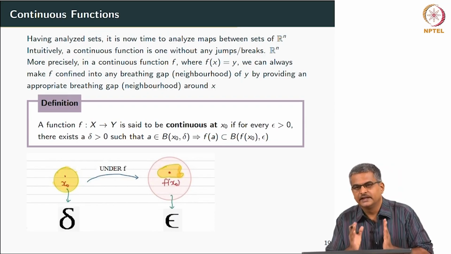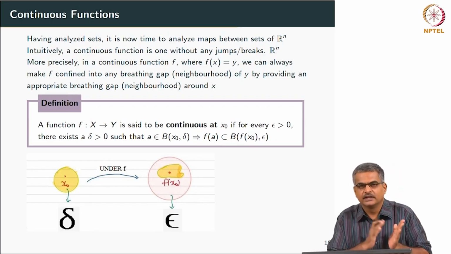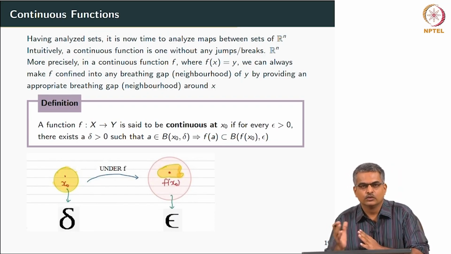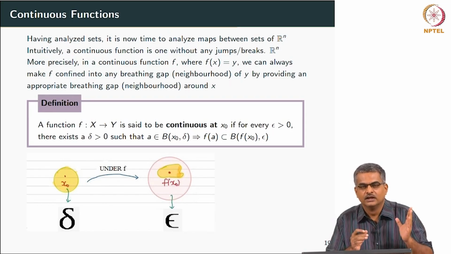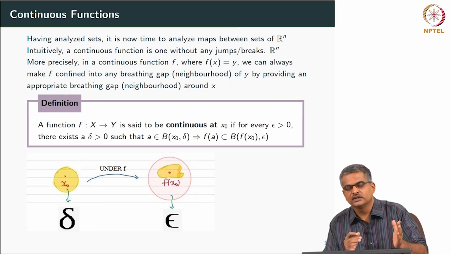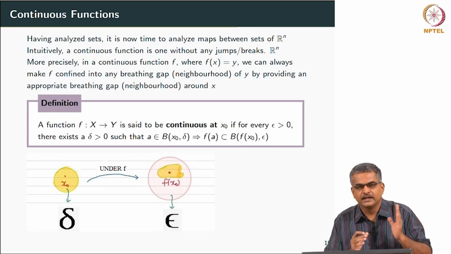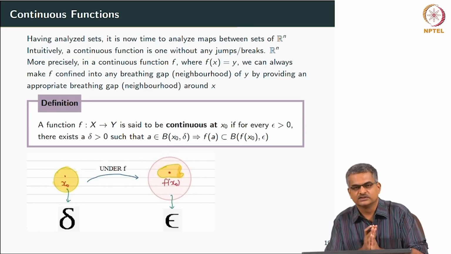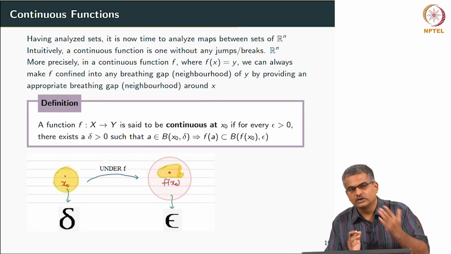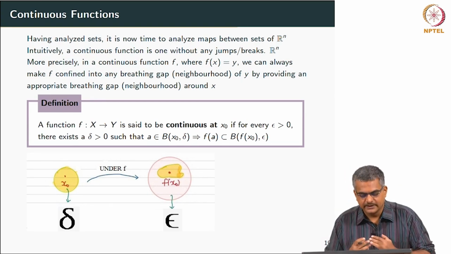Two sets A and B are said to be separated if A union B is the whole space, and if A intersection B closure is the null set and A closure intersection B is also the null set. If they are not separated, then they are said to be connected.